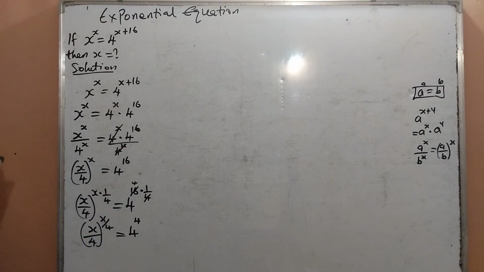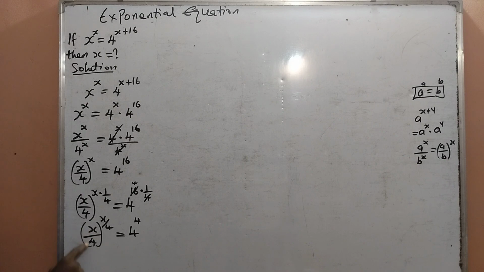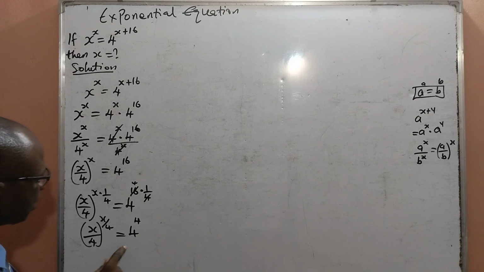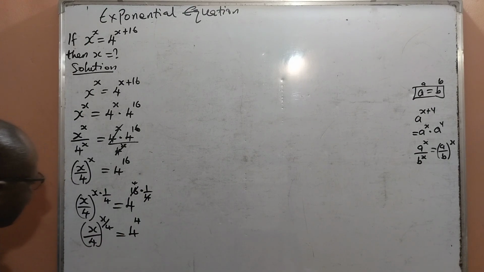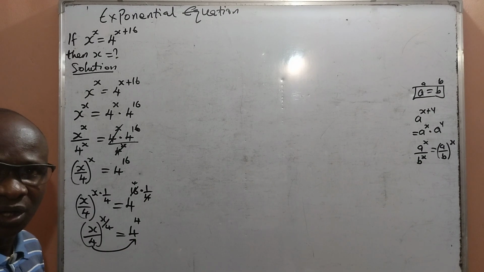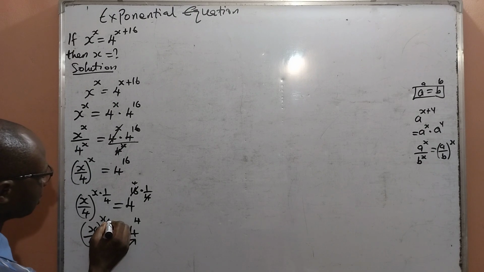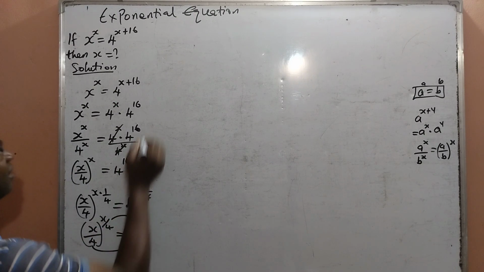I am going to do exactly that in this question. I have the base as x all over 4 and the power also x all over 4 by the left hand side. And by the right hand side, I also have the base as 4 and then the power is 4. It means that the base by the left is equal to the base by the right, and also the power by the left is equal to the power by the right.